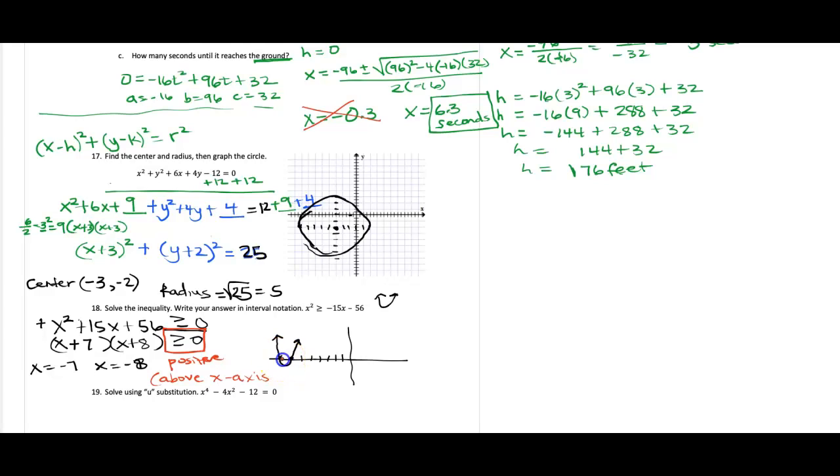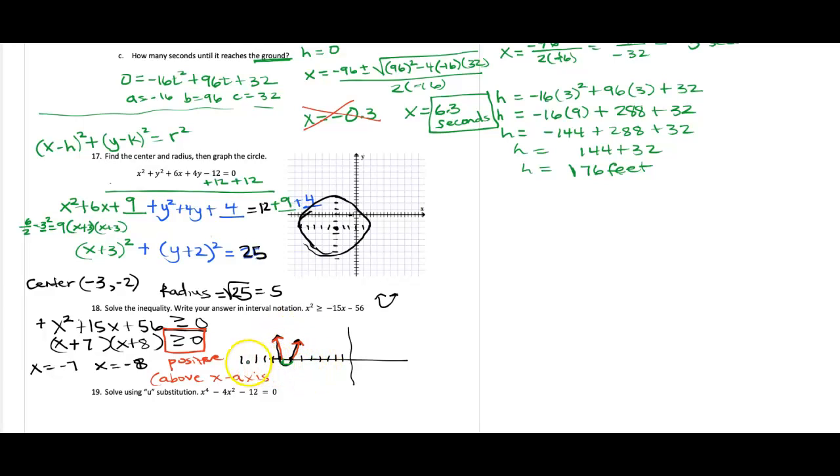That's this part and this part above the x-axis. I want to know what x values those hit. So basically, it's everything except the stuff in between those two. Let me draw a picture here. This green part right here is the part we don't want. We want that red part.